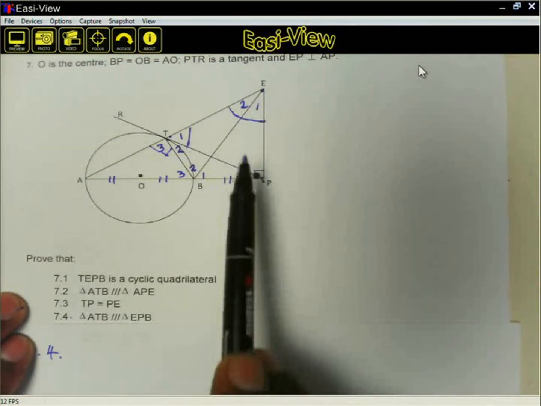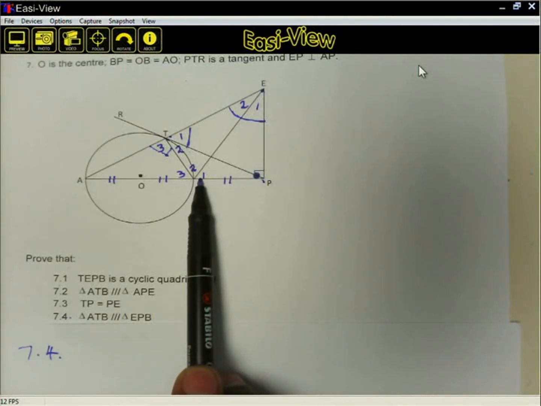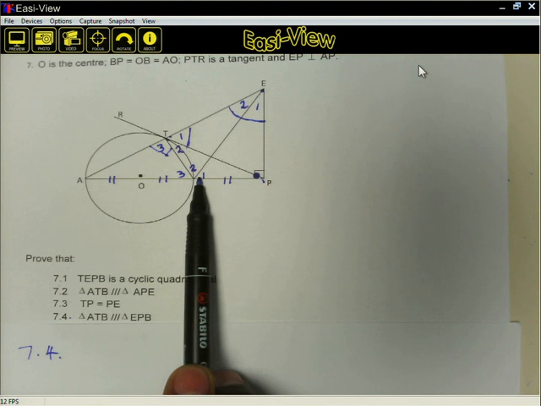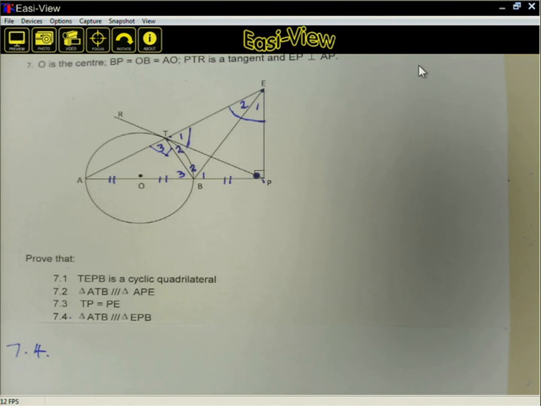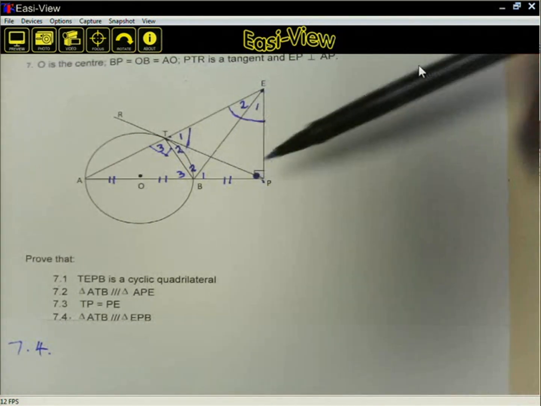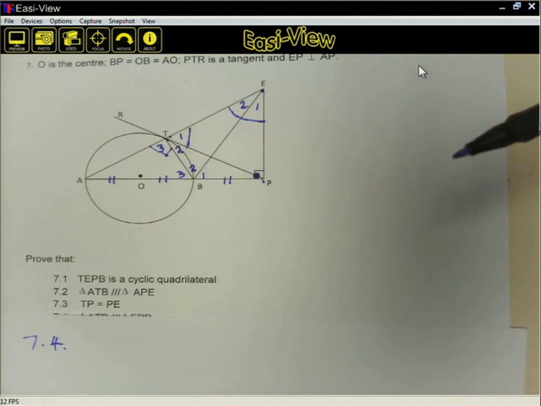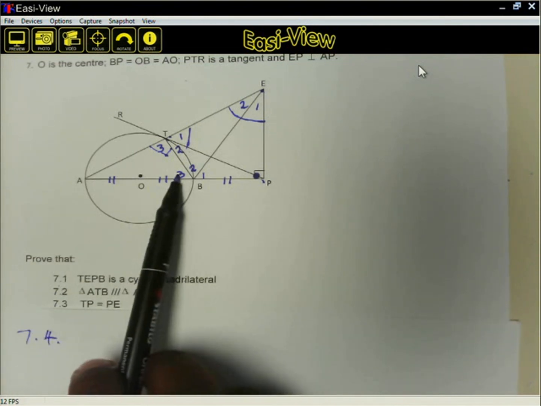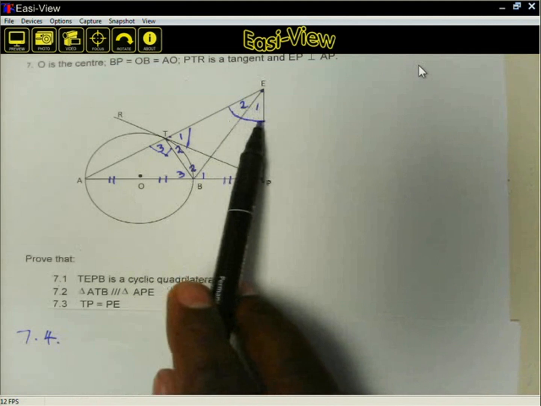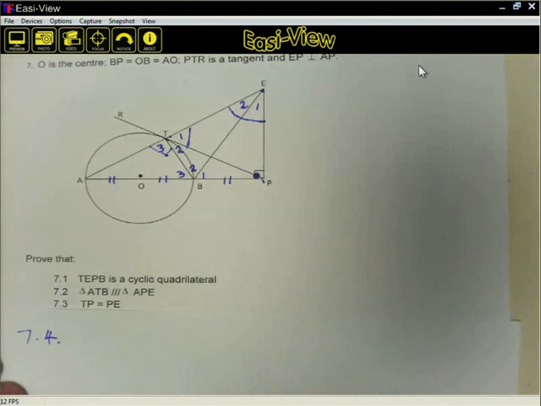We want to prove the two triangles to be similar. For two triangles to be similar, like I indicated earlier, you only need to prove two pairs of angles to be equal. Once you've got the two pairs equal, then the remaining pair will automatically be equal. So already you've got angle T3 and angle P, which are both equal to 90. So we look for one more pair of angles that are equal. And remember, B3 from the earlier workouts is equal to the whole of E. Let's work it out.